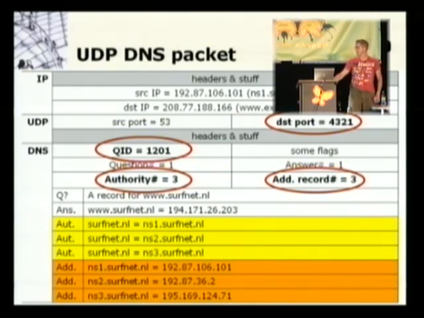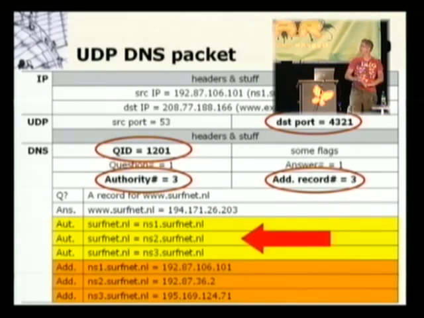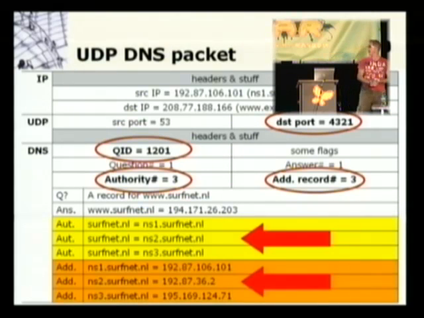And it's sending me an answer, and along with the actual answer, which is the IP address 194.171, etc., it also tells me that for the surfnet.nl zone, the authoritative servers are ns1, 2, and 3.surfnet.nl, which is really convenient. And to make my life even easier as a resolver, it sends along the IP addresses of these 3 servers.